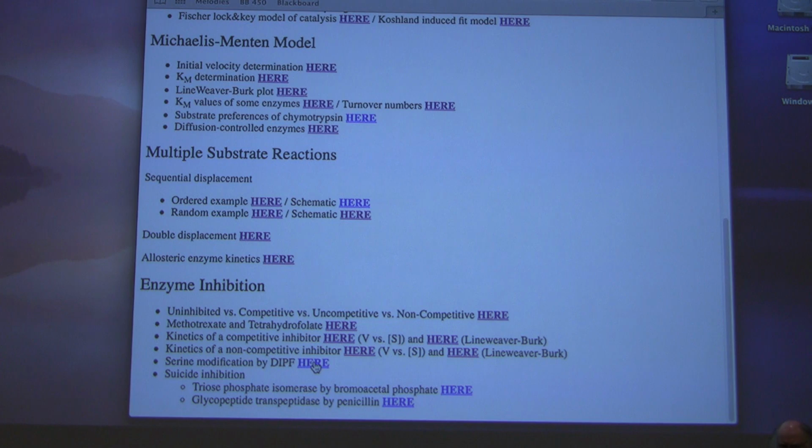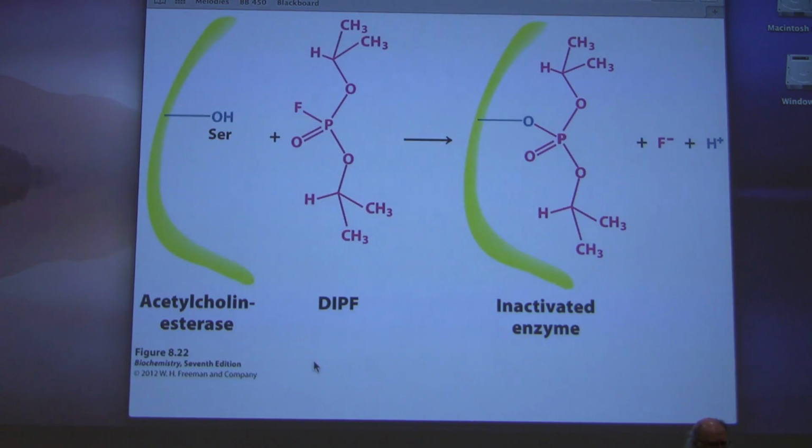One of these is fairly non-specific, and it involves modification of an amino acid. This particular amino acid, if it is in the active site of the enzyme, will play havoc with the enzyme's ability to catalyze. And playing havoc basically means it will stop it dead in its tracks. This inhibition results from the chemical modification of the side chain of serine. And it's relevant to what I'll be talking about later today because I'm going to be talking about what are known as serine proteases.